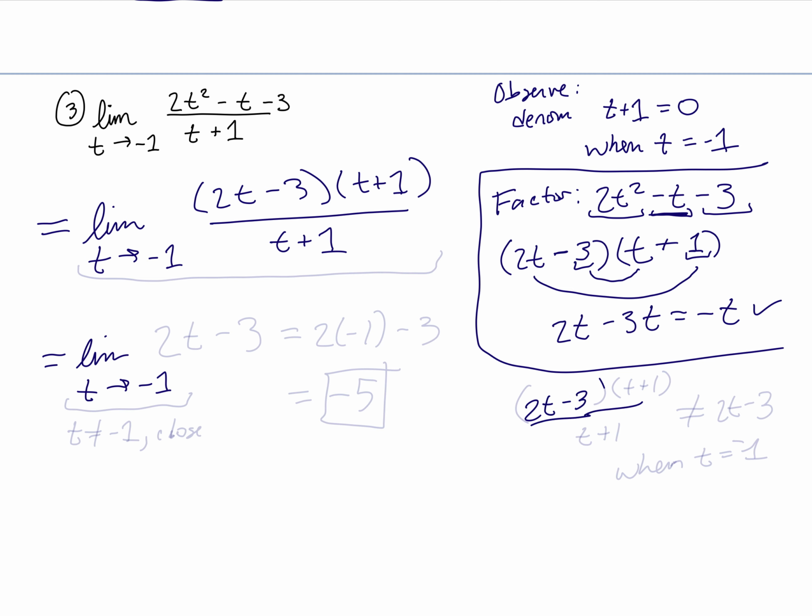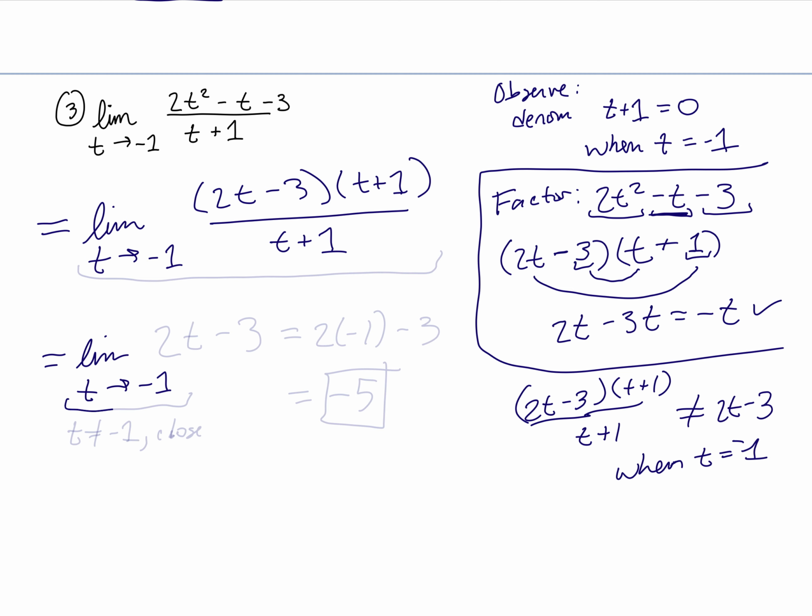Times t plus 1 divided by t plus 1 is not equal to just plain old 2t minus 3 when t equals negative 1, because that would be a 0 divided by 0, or a 0 in the denominator, which is not acceptable.